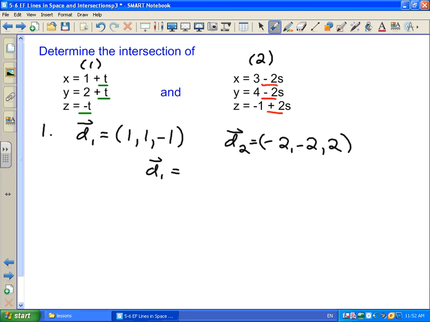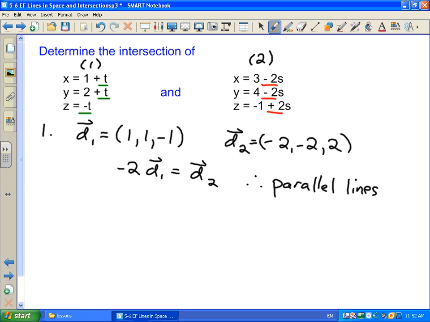If I take d1 and I multiply it by -2, I'm going to end up with my second direction vector. So these two direction vectors are scalar multiples, which means the direction vectors are parallel, which means the entire lines are parallel. So therefore, these are parallel lines.